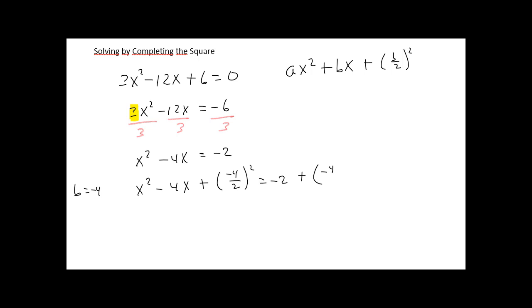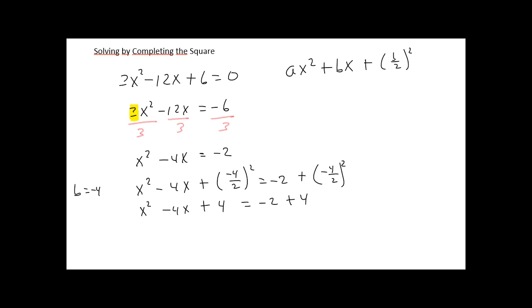So x squared minus 4x plus negative 4 divided by 2 is negative 2, and negative 2 to the second power is positive 4. Then negative 2 plus 4.